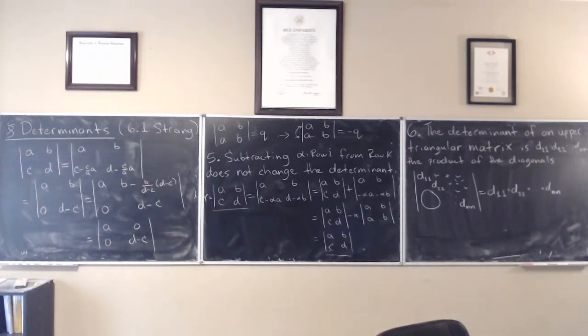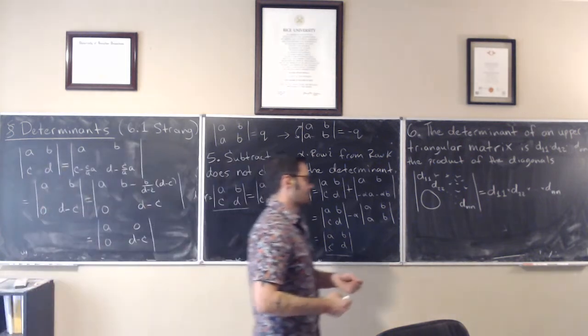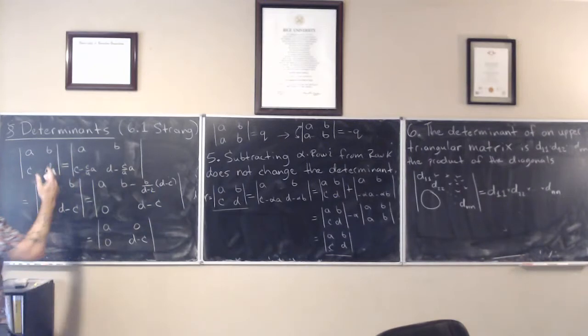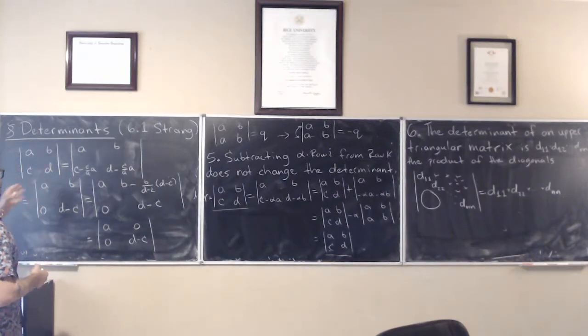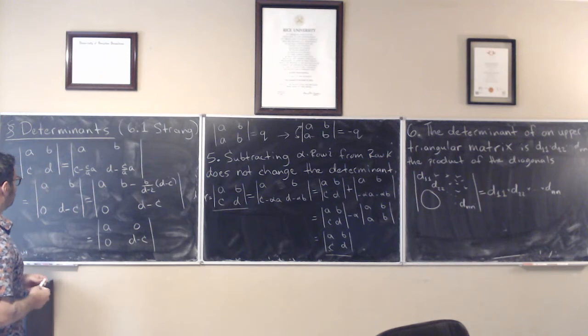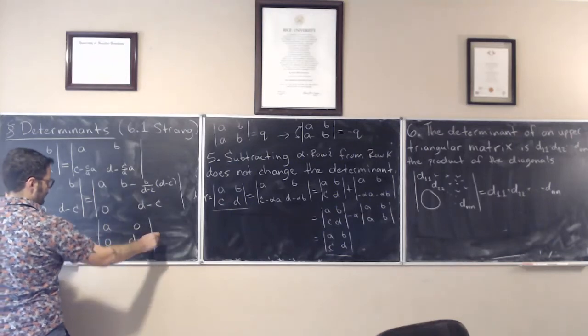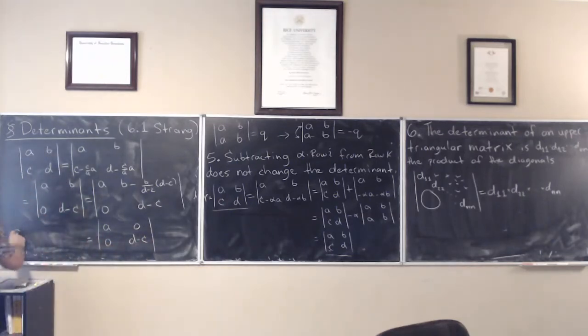Did I do this right? Where am I going wrong here? If you're confused on what I'm trying to get at, I'm trying to get at a bunch of scalars times the identity. Because then the determinant of the identity is just 1, and then it's going to be all the scalars that we can factor out. Let's see. Because now it looks like it's a times that row, d minus c times that row, so it looks like a times d minus c is going to be equal to the determinant, but I know that's not the case.